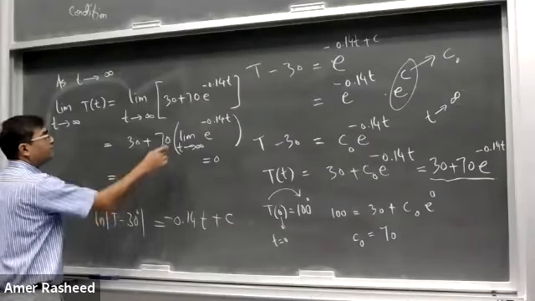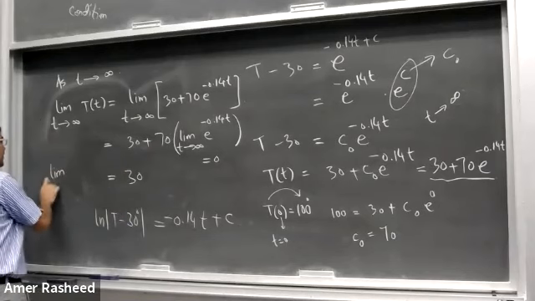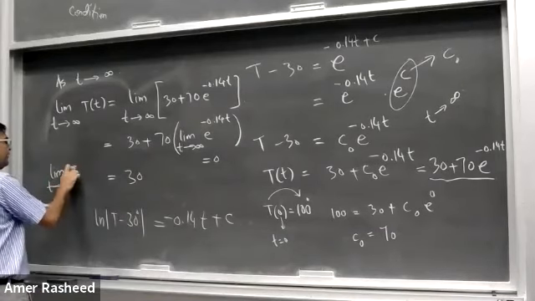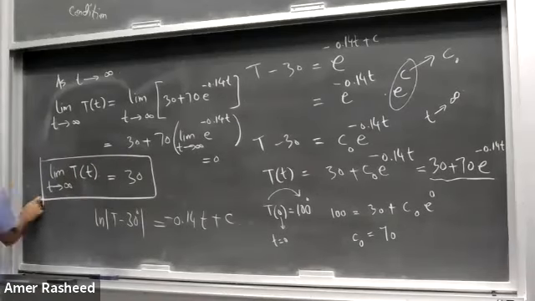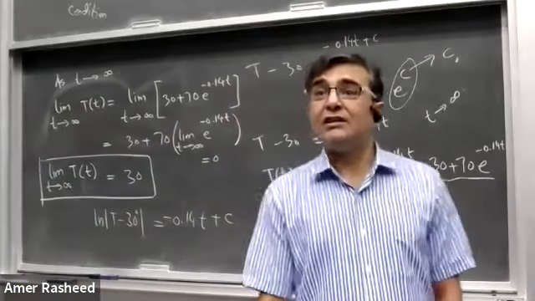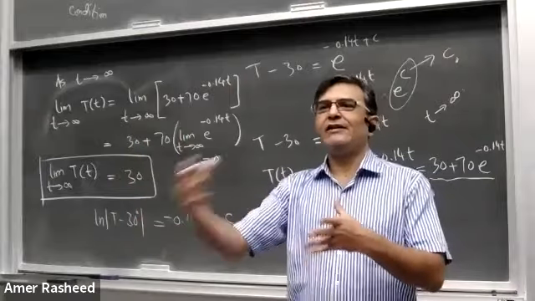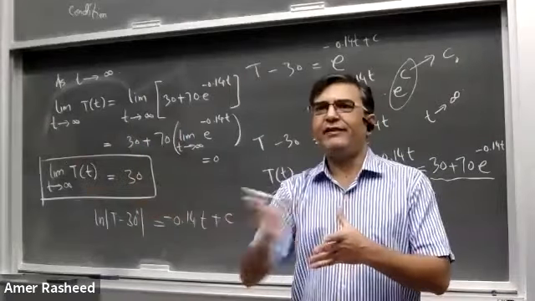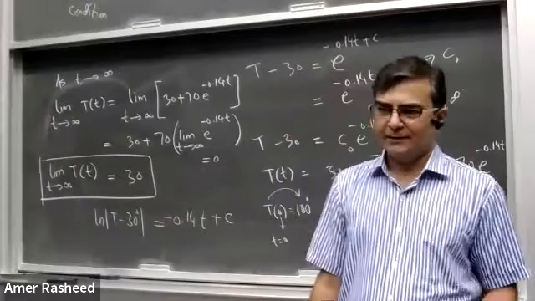So what are we left with? The limit as t approaches infinity of T of t. When t goes to infinity, capital T is equal to 30. What does it mean? Eventually, when t approaches infinity, the temperature approaches 30.